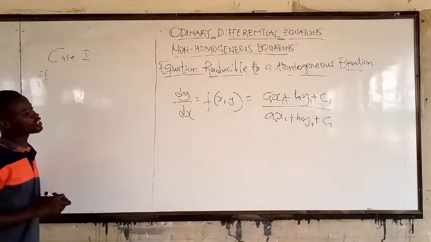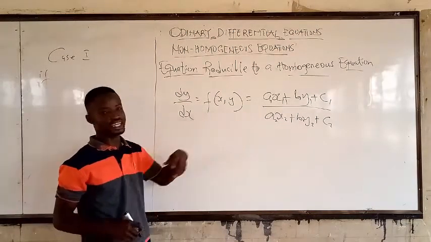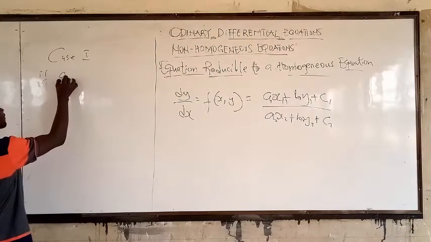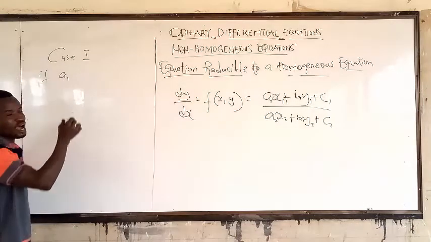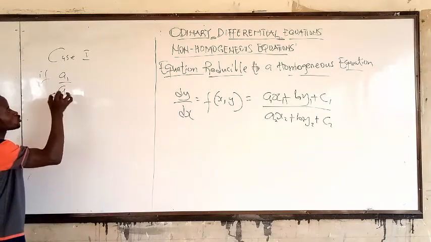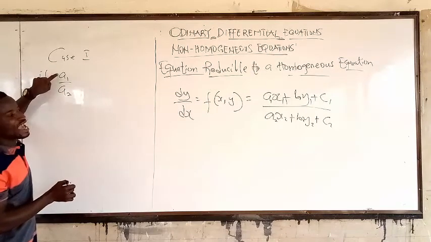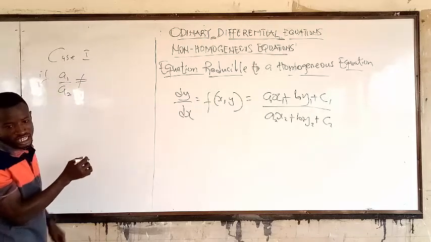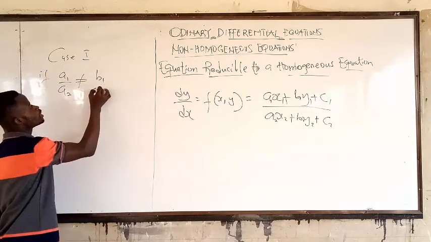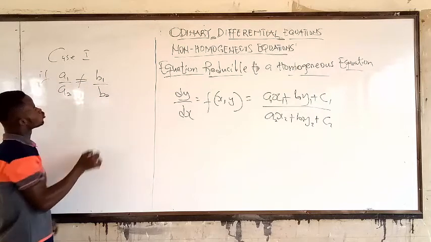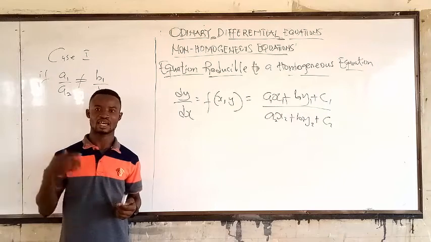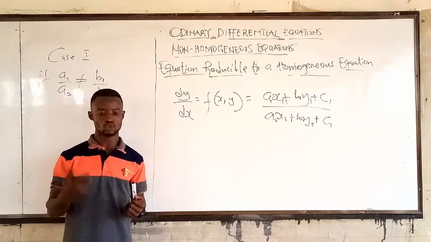When the coefficients of x and y in the numerator and denominator give a1 over a2 not equal to b1 over b2, then we apply this method in solving it.